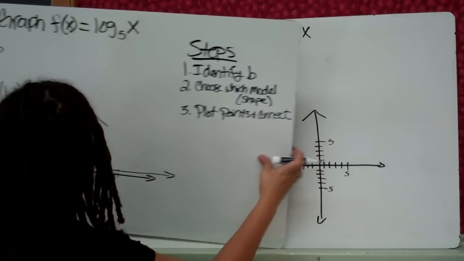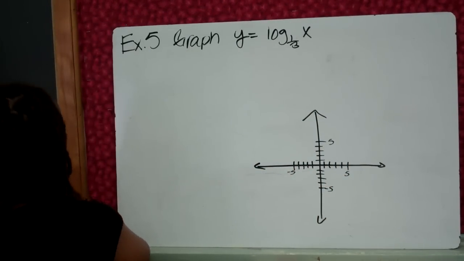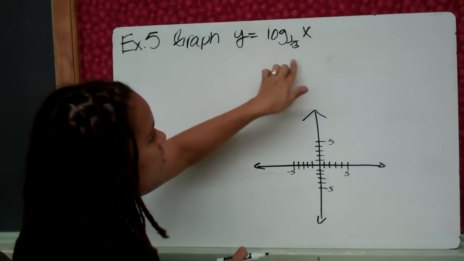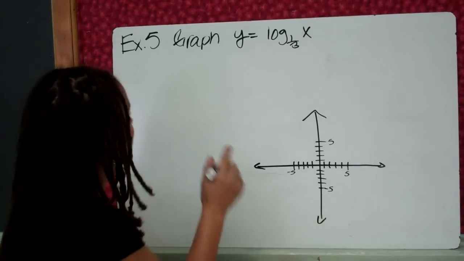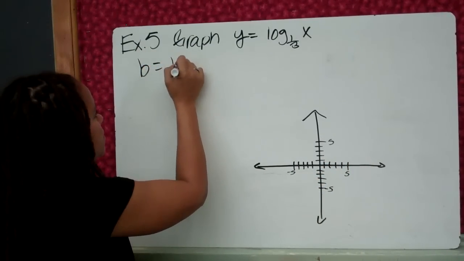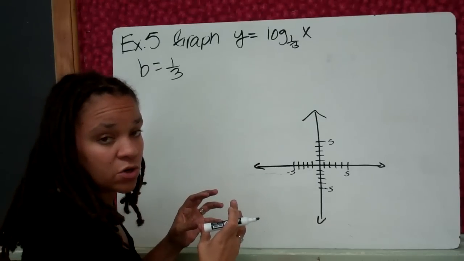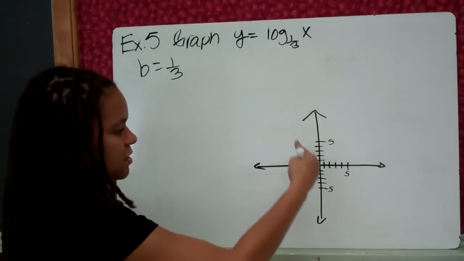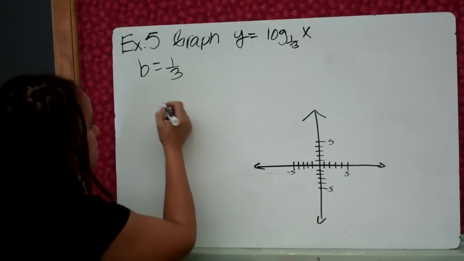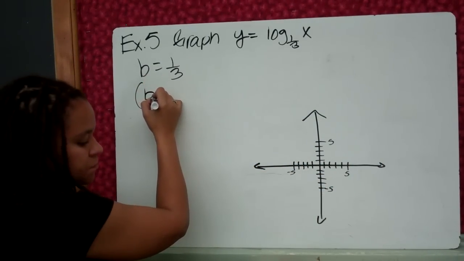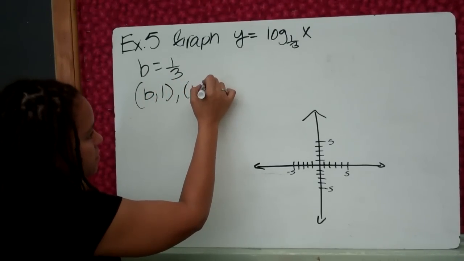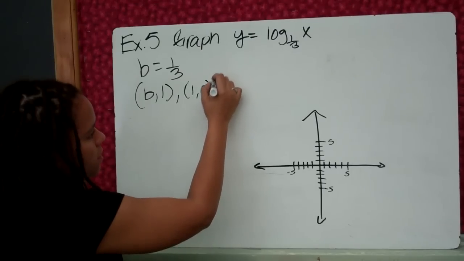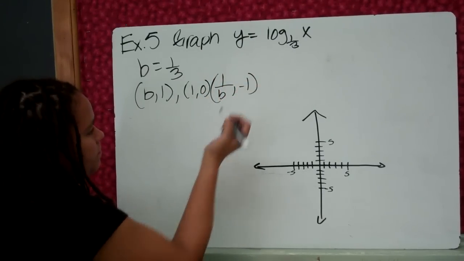All right, let's look at one more graphing example. Let's graph y equals log base 1/3 of x. So we see that our b is 1/3, and since it's between 0 and 1, we know that the graph is going to be coming down this way. So we can still use our points, (b, 1), (1, 0), and (1/b, -1).